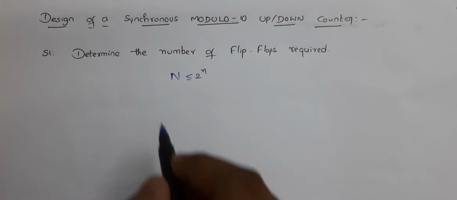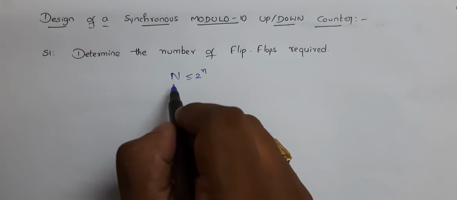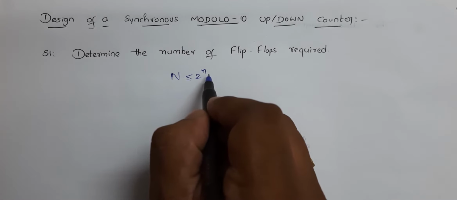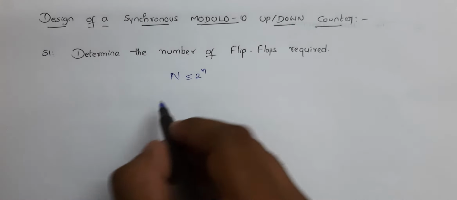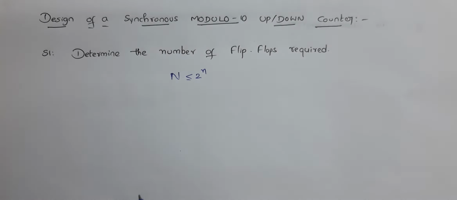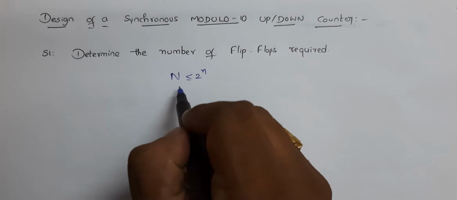In this equation, the capital N represents the number of states or number of counting sequences, and the small n is nothing but the number of required flip-flops. Our intention is also to find the number of flip-flops only. That means we need to find the small n value by using the capital N value.